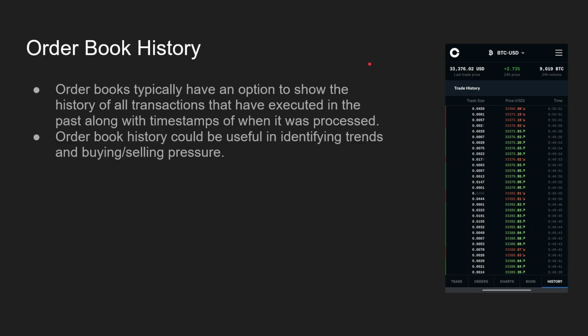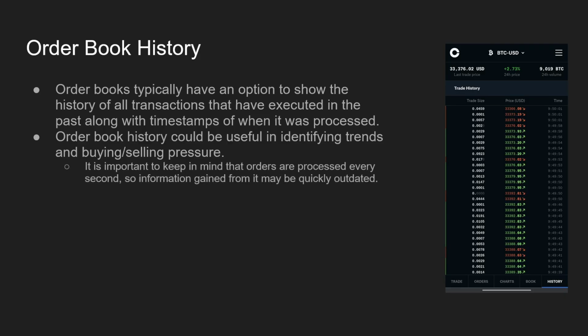Now, studying this could be helpful in identifying trends and noticing buying and selling pressure, maybe certain prices that the asset is bought or sold at, or typical trends and maybe patterns on that particular exchange that you could use to your advantage.